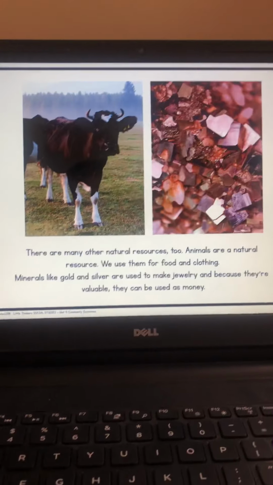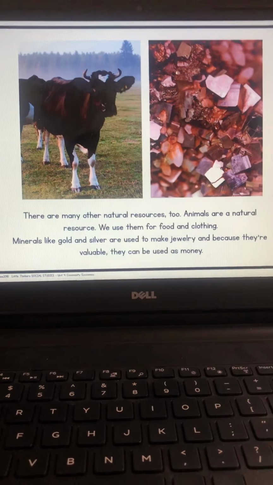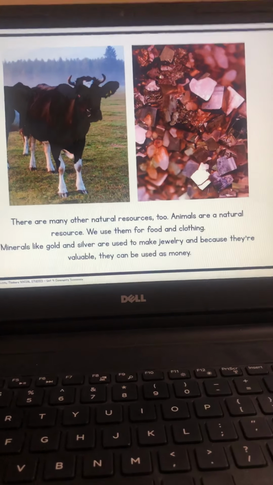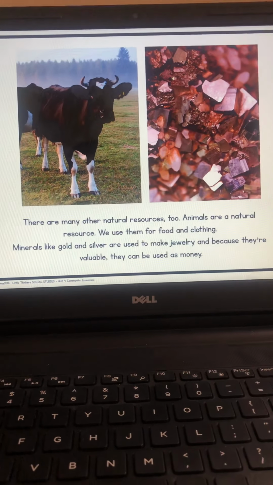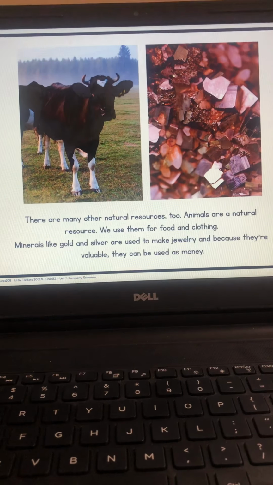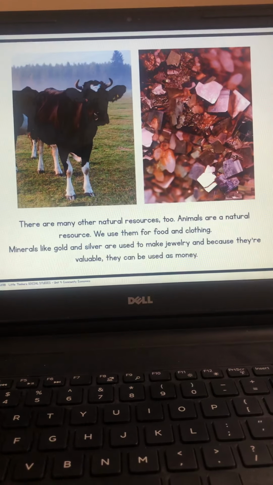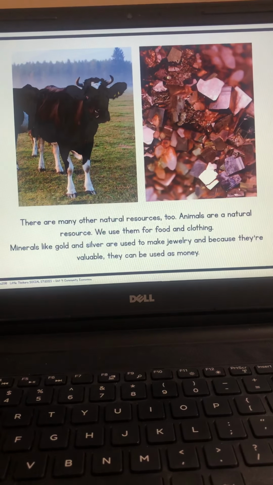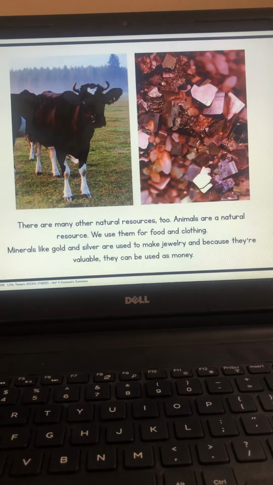There are many other natural resources as well. Animals are a natural resource, right? We don't create animals. We use them for food and clothing. Minerals like gold and silver are used to make jewelry because they're valuable. They can also be used as money.